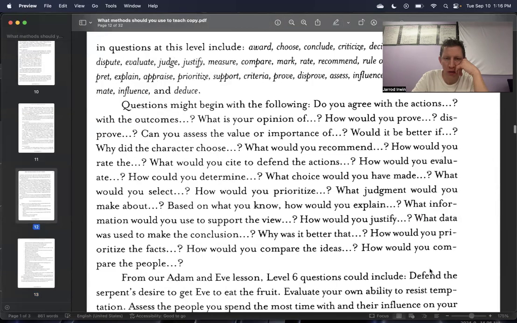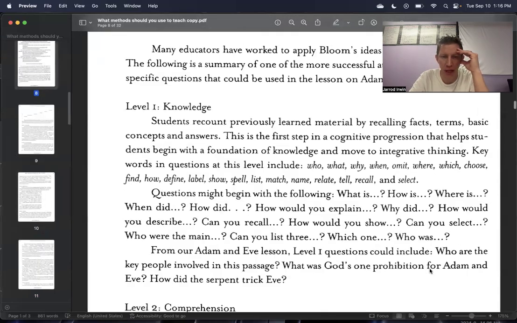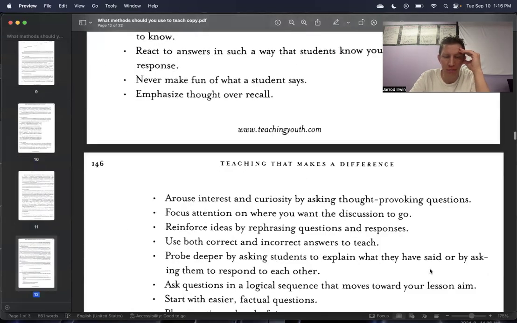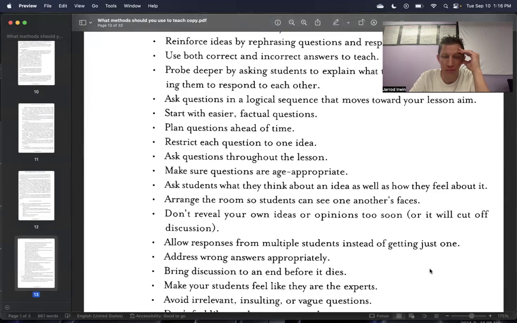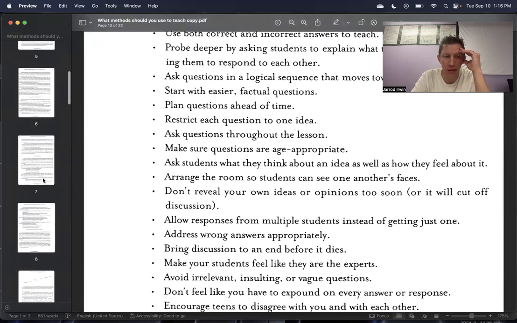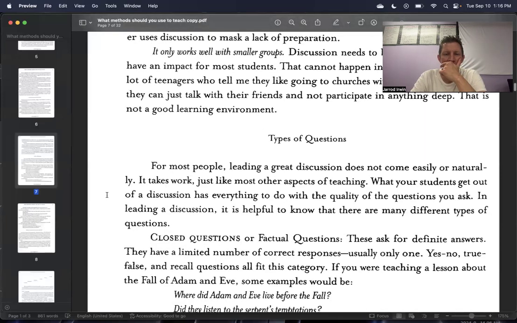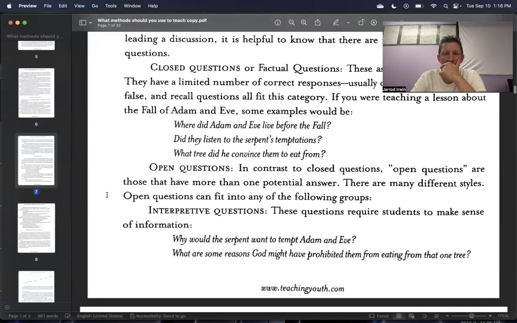But we could go back to the categories that we talked about previously if we wanted to evaluate. That question was probably his ultimate teaching moment in the Gospels, the epitome of discipleship. I mean, yeah, it could be a closed question because there's certainly a right and a wrong answer.